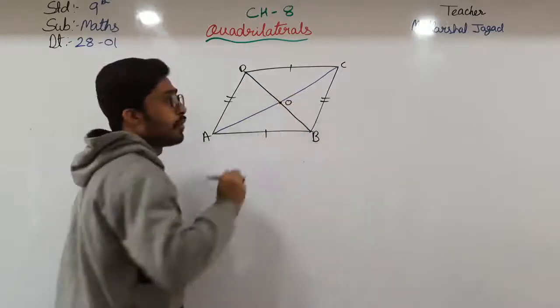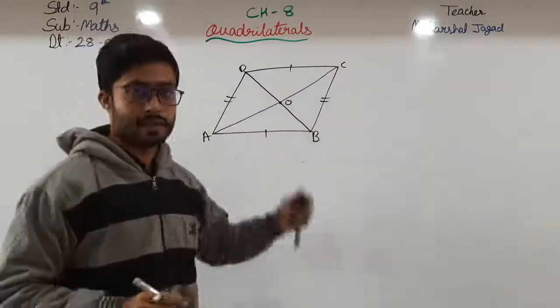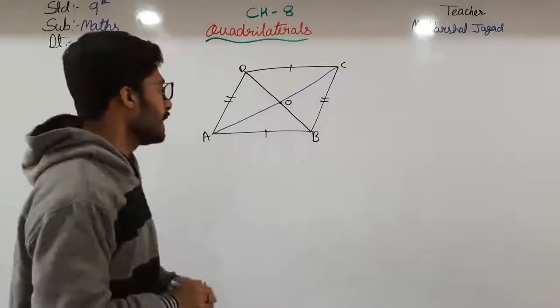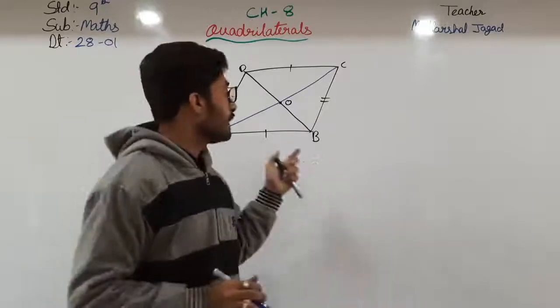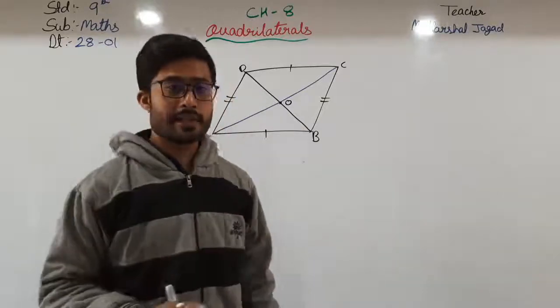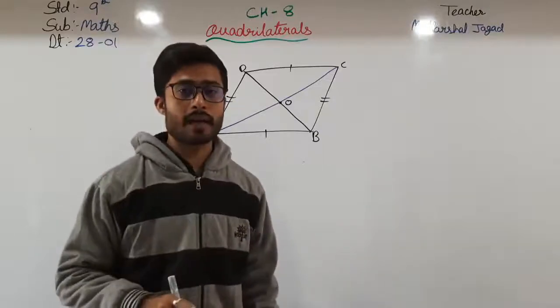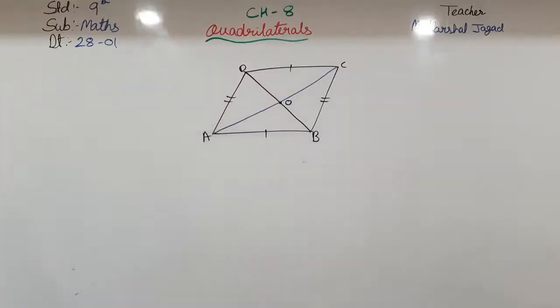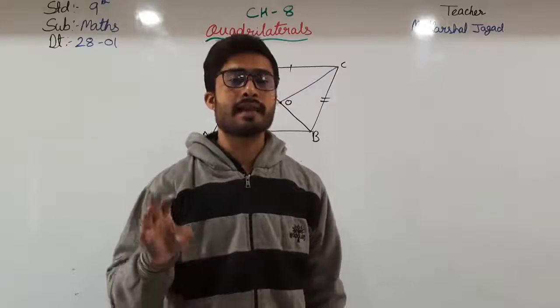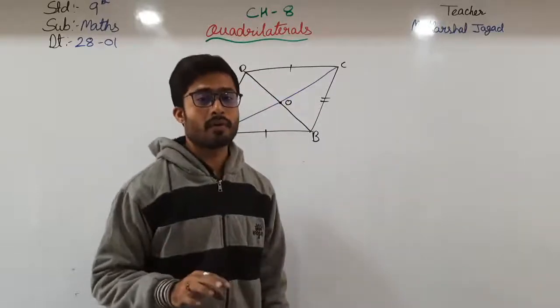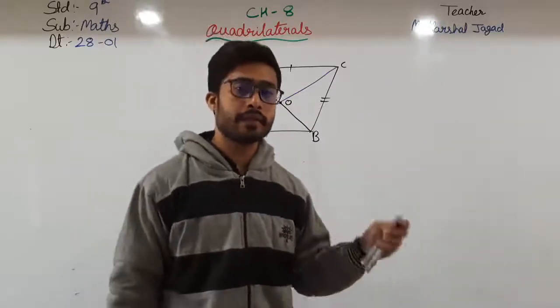Let us give a name O. Then the next theorem: if the diagonals of a quadrilateral bisect each other, then it is a parallelogram. So up to this, theorems 2, 3, 4, 5, 6 and 7, these are all the theorems that we have seen in the previous video.